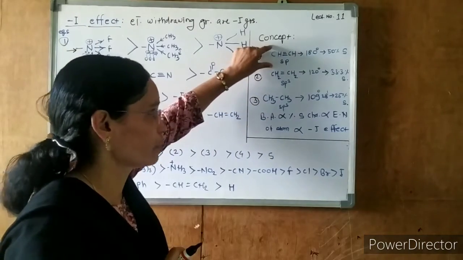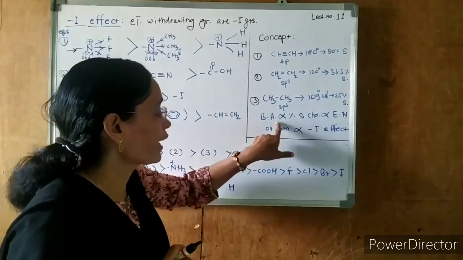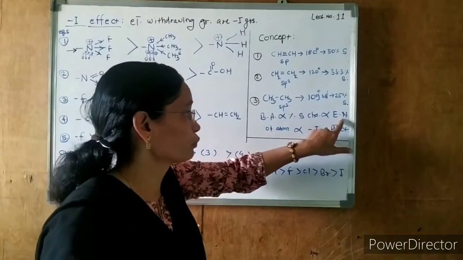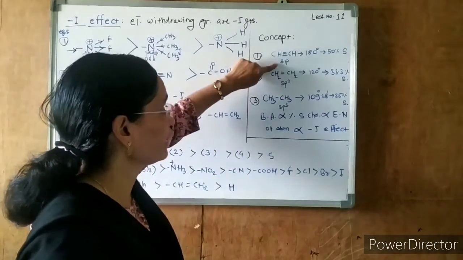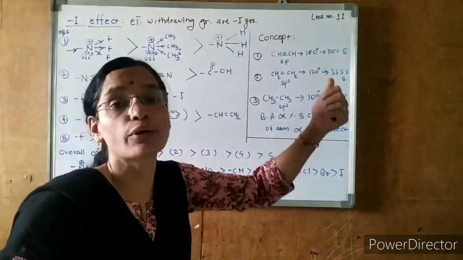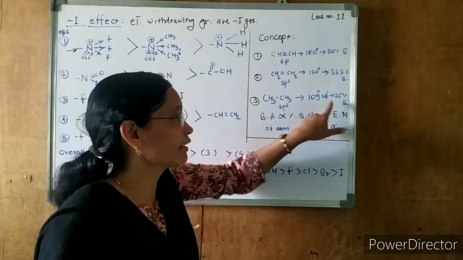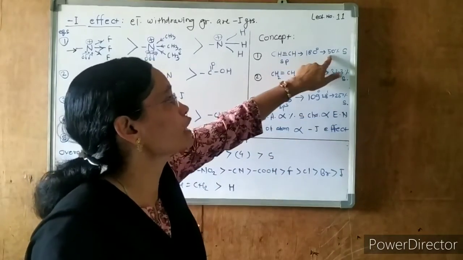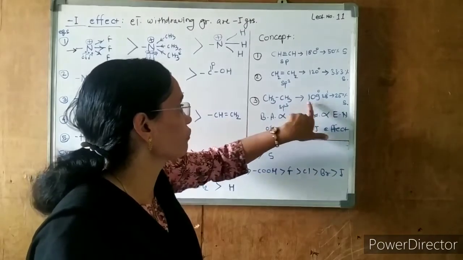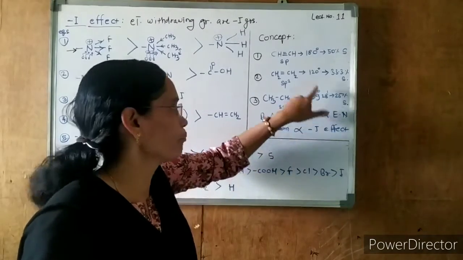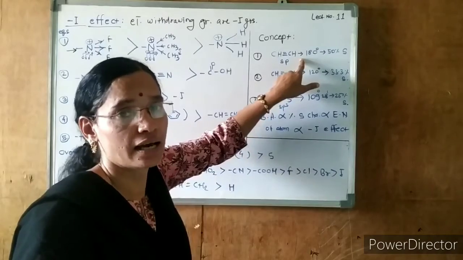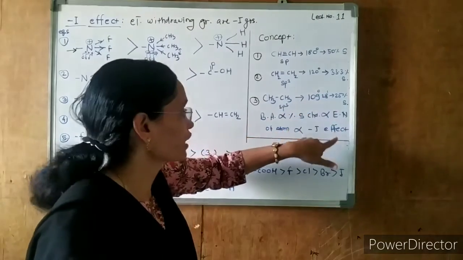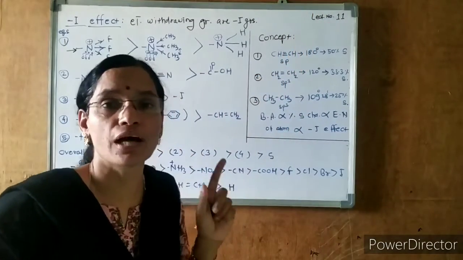More is the S character, more is the electronegativity. Less is the S character, less is the electronegativity. Here the S character is only 25%, here it is 50%. The electronegativity of ethane is less as compared to acetylene or ethylene. As the S character increases, electronegativity also increases.